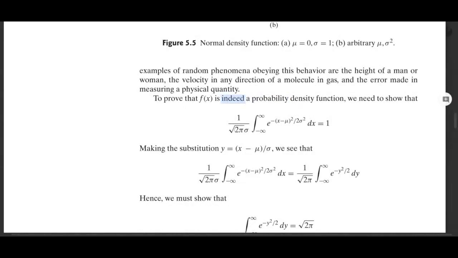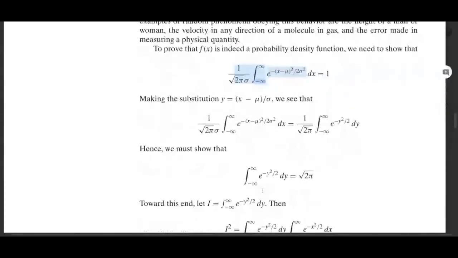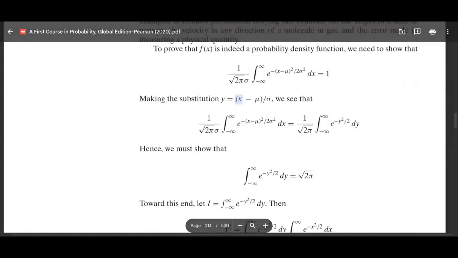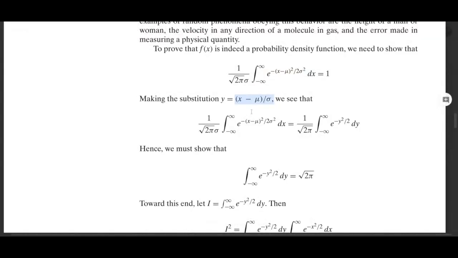So to prove this is a probability density function, we have to show this equals 1. Let's see how they show this. Okay, use substitution. Let y equal (x minus mu) divided by sigma. Then this changes to e to the negative y squared over 2 dy.